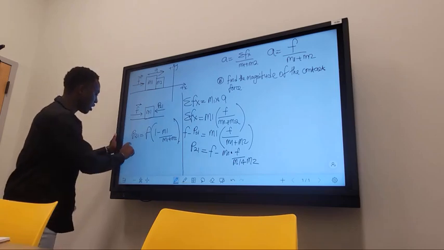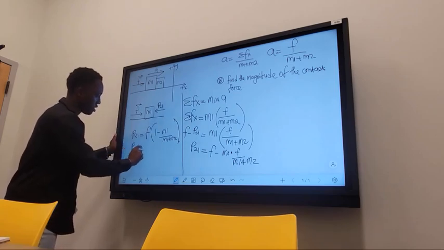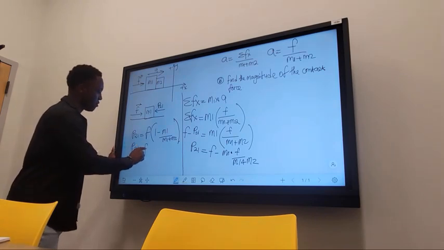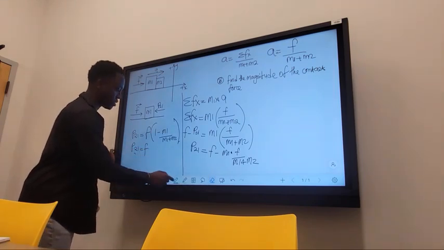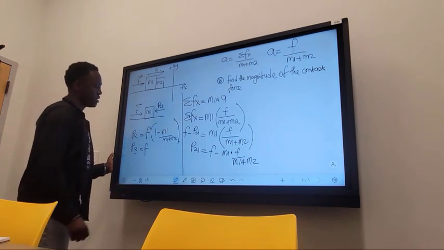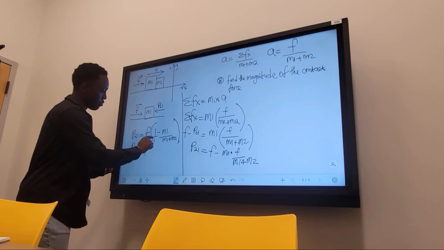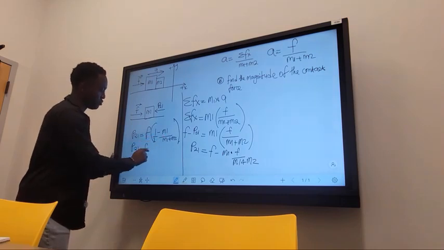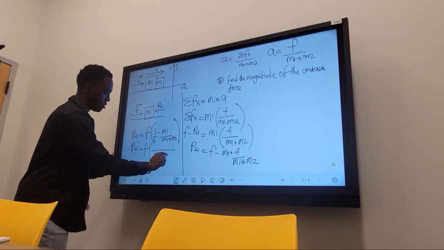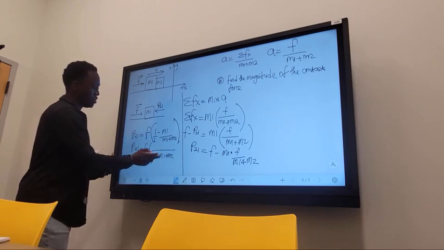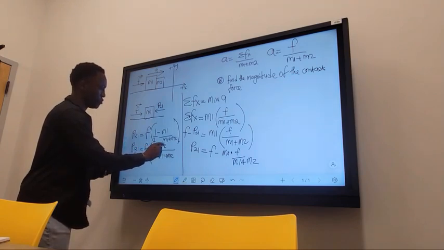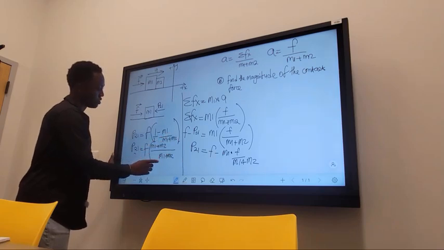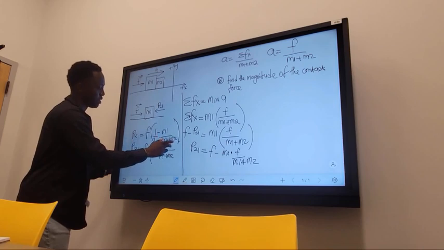Okay, from here I can go a step further and say I have my force. I can make this over one denominator, which will be m1 plus m2, because that's a common denominator. 1 into this just gives us m1 plus m2. m1 plus m2 into m1 plus m2 gives us 1, multiplied by m1, we get minus m1.